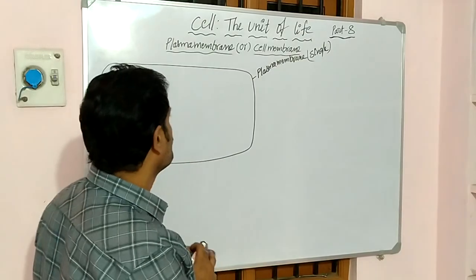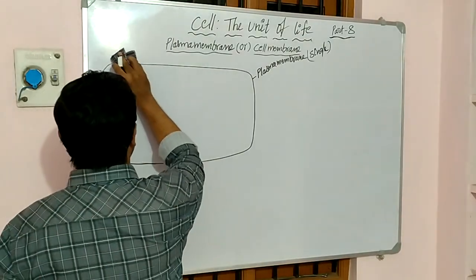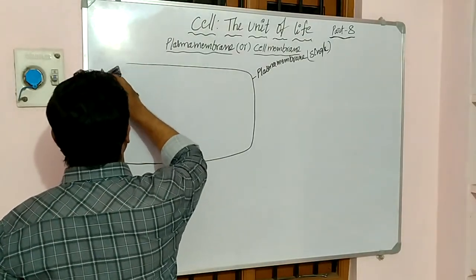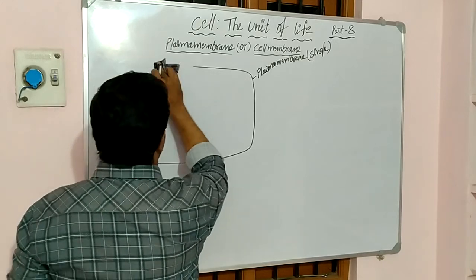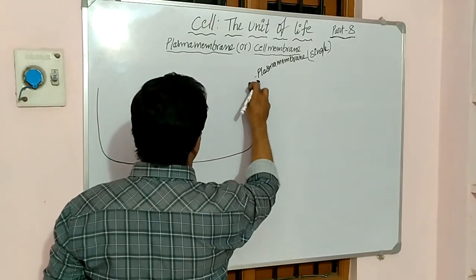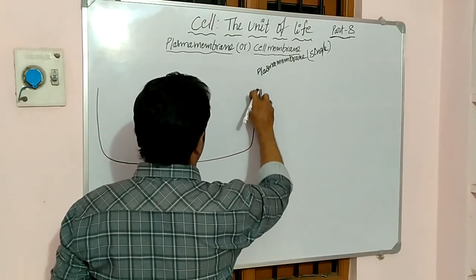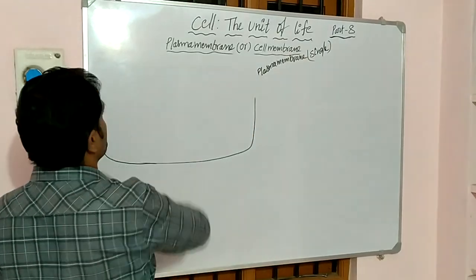Remember that. So what are the two layers? I will draw some portion of the plasma membrane, to show how the lipids form in the plasma membrane. Now I will draw here.